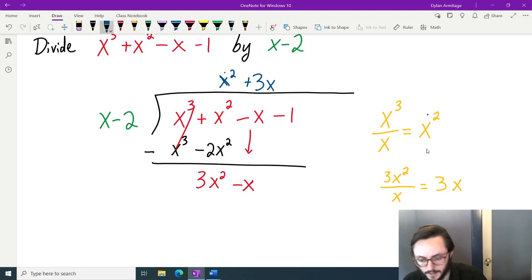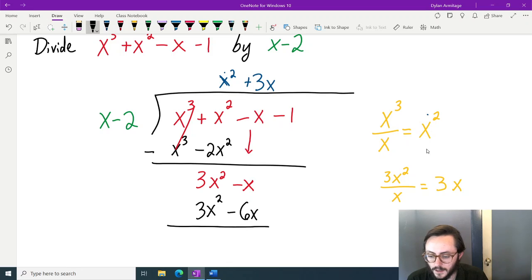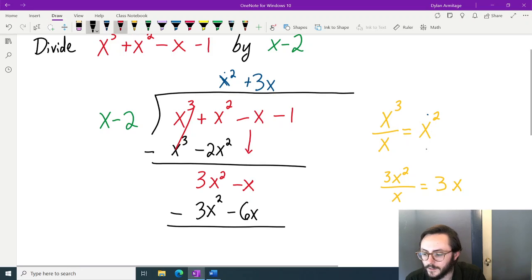And multiplying all of this by 3x, we get, so 3x times x is 3x squared. That should always be the case. 3x times negative 2 should be negative 6x. Subtract these.